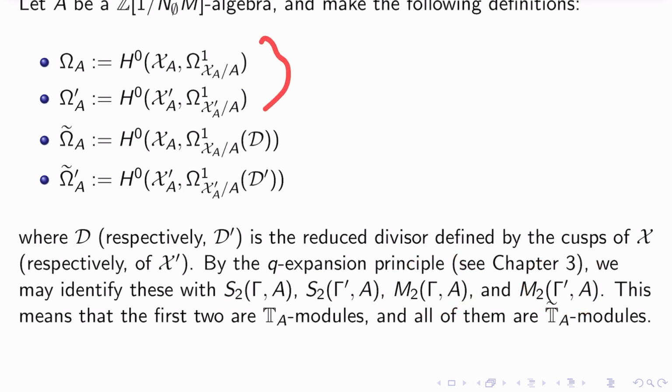This means that the first two are T sub A modules, and all of them are T tilde sub A modules. Okay, so these are like higher brow ways to think of spaces of modular and cusp forms over A, in terms of algebraic geometry and sections and differentials and things like that.